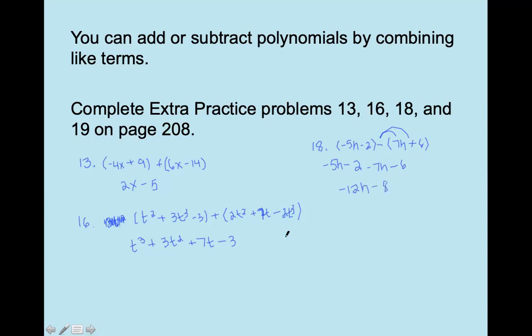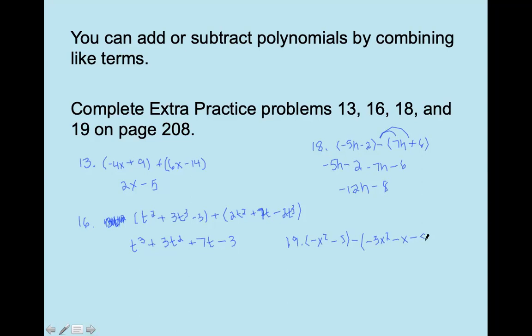All right, one more here. Let's look at 19. This time we have in the first parentheses a negative x squared minus 5 minus, let's look at the second parentheses, a negative 3x squared minus x minus 8.